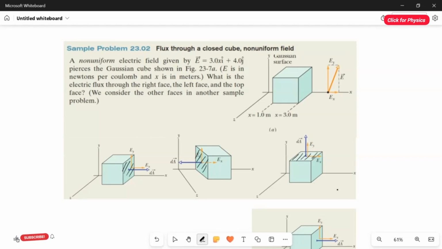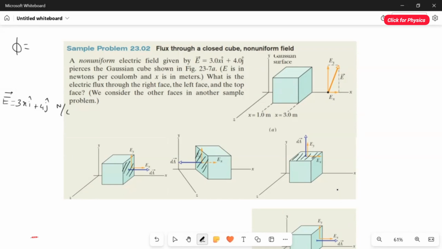What is given in this question? They gave the electric field equation. What is the electric field equation? E vector, which is equal to 3x i cap plus 4j cap, and the unit for this is newton per coulomb. Now what I'm going to do is apply the rule for finding the flux. Actually we have 2 rules for finding the flux.